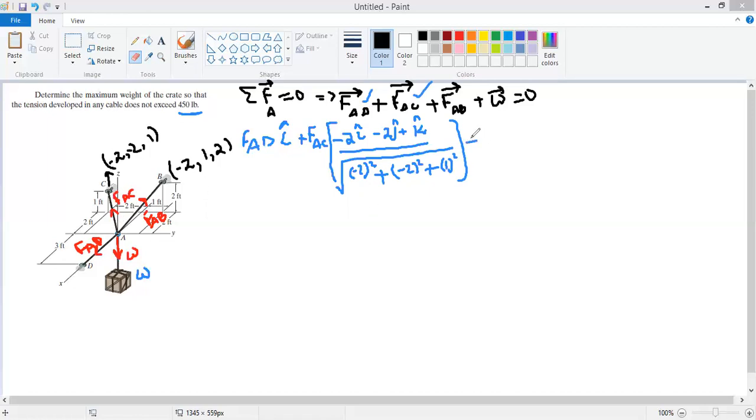Again, we write FAB as the magnitude FAB times the unit vector drawn from A to B, which is -2 i cap plus j cap plus 2 k cap, divided by the magnitude, that is, the square root of (-2) squared plus 1 squared plus 2 squared.